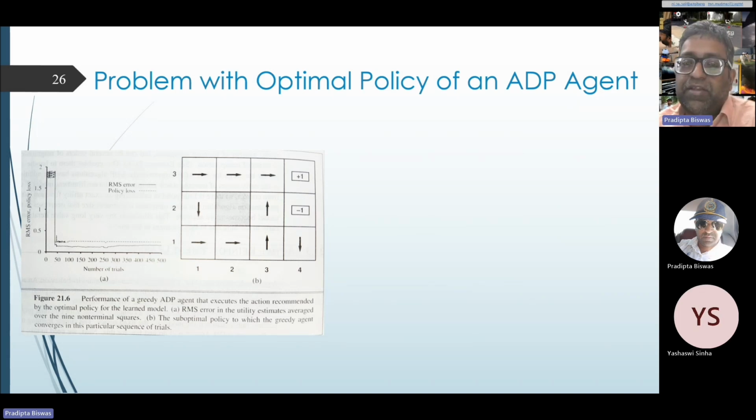So this is our previous example. The utility values are not written here, but you can assume it was the previous example that we worked on. And this is the problem with the optimal policy of an ADP agent. The ADP calculated the whole state transition probability matrix from a set of epochs.